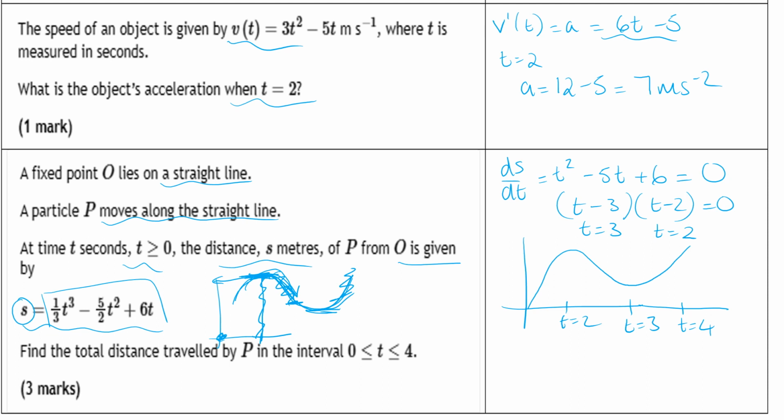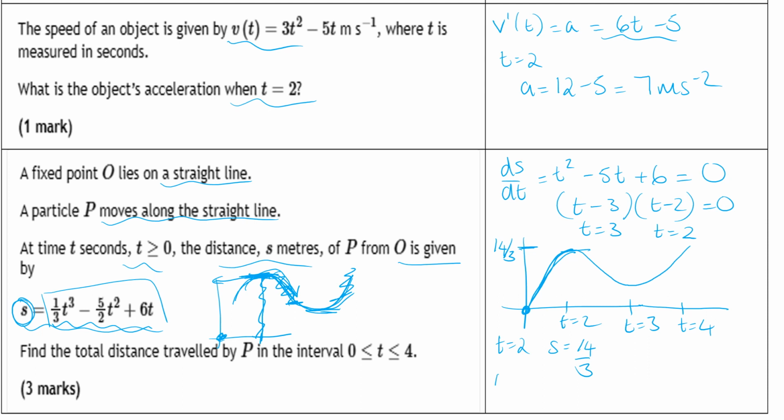So from the beginning, from t equals 0 to t equals 2, that journey there, the displacement and how far we are from where we started, we just need to find the distance away, putting t equals 2 into our s equation. So when t is equal to 2, s comes out to be 14/3.